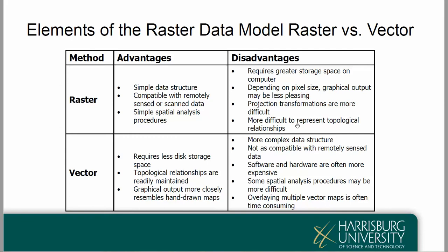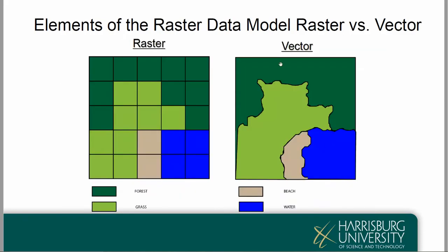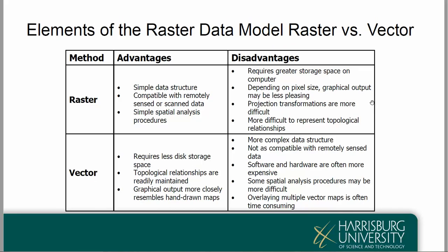For example, if you imagine back in the previous slide that we had a river running through, we may only indicate that there's a river there where it is the predominant portion of one of the grid cells. Otherwise, it may actually disappear and come and go. That has a lot to do with resolution, of course, but it is a problem.